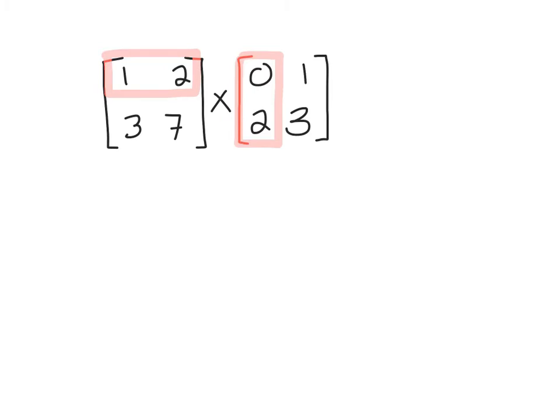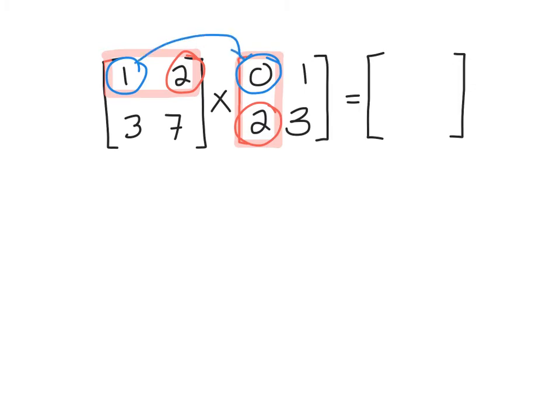So what that actually means is I'm taking the 1 and I'm multiplying it with the 0, and then I'm taking the 2 and I'm multiplying it with the 2. And that is what's going to go into the first row and first column of my answer.